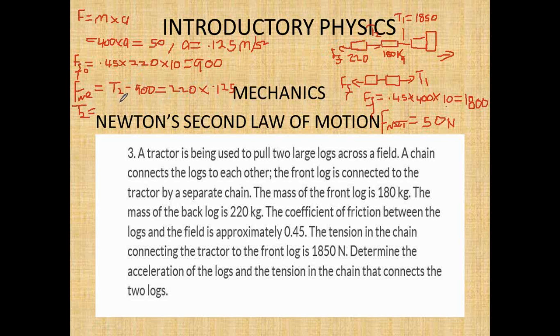T2 is equal to 220 times, let's just work that out, 220 times 0.125, that is equal to 27.5.